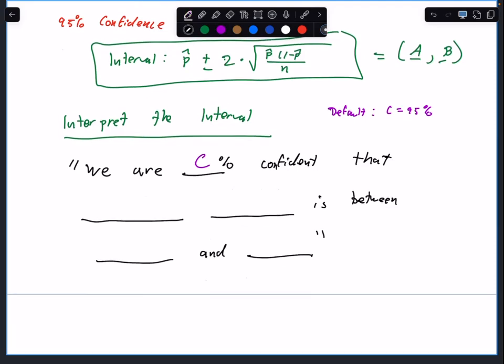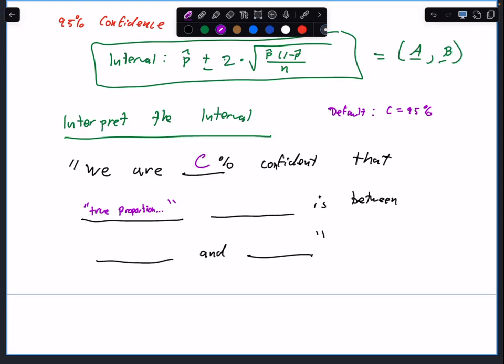We are C% confident that whatever the true proportion of whatever it is we're looking at. So the true proportion of coins that land up heads. The true proportion of students who skip at least 1 class a week.